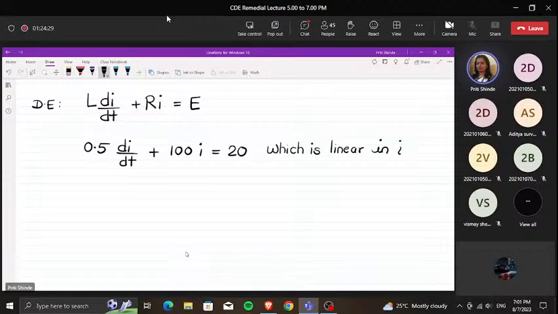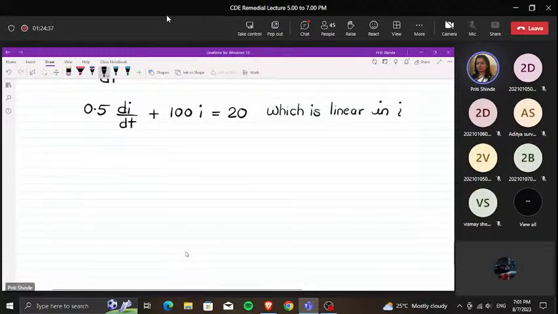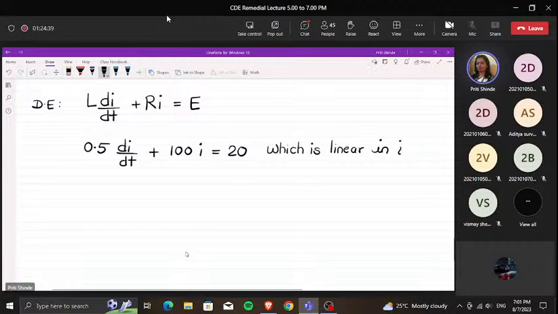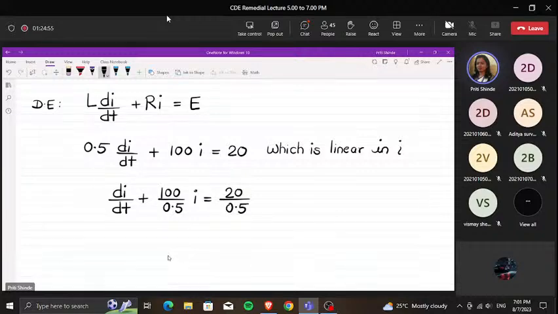So in a linear differential equation, we want the coefficient of the derivative as 1. Here the coefficient is 0.5. So to write down the standard form, divide throughout by 0.5. So then we get our standard form: di by dt plus 100 divided by 0.5 I is equal to 20 divided by 0.5.